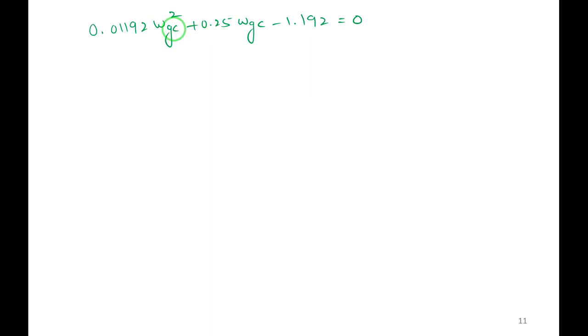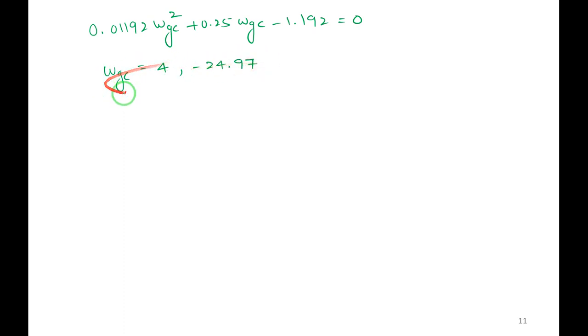Okay, you can solve this quadratic equation using your calculator. Go to equation, degree is 2. The value of A is 0.01192, the value of B is 0.25, and the value of C is minus 1.192. So I am getting omega gc equal to 4, and another value, minus 24.97.